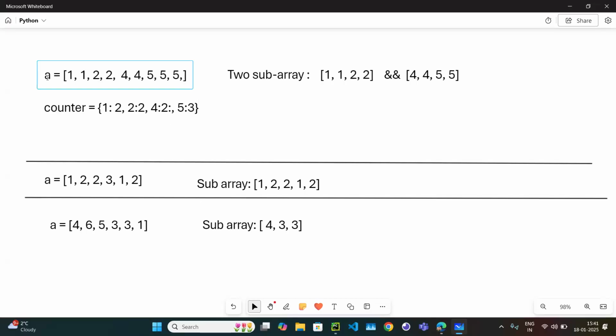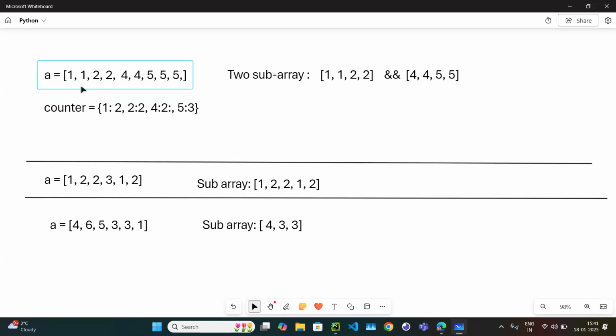Because in an array I can't directly search for either one or two. I have to scan all the elements. But in the dictionary I can directly do the lookup using O(1). So by consuming a little space, my time complexity will be saved.